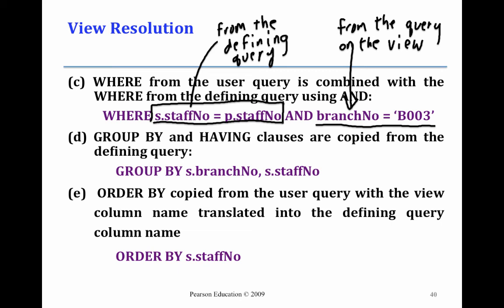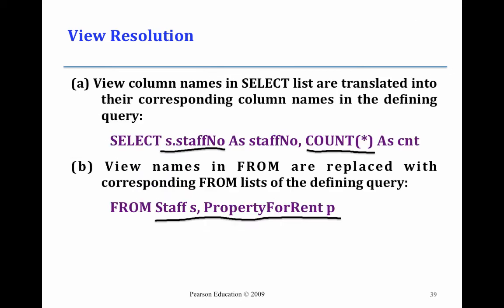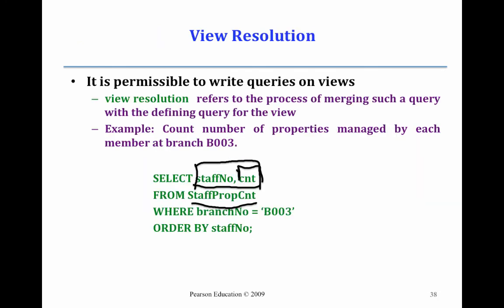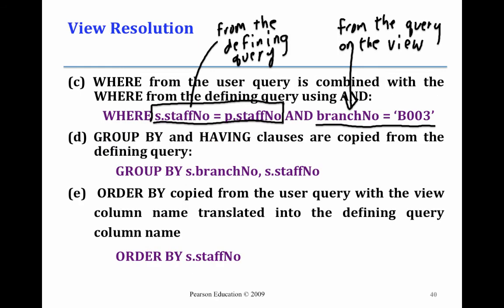Okay, and again, here you can see that I ordered by staff number, and again we have to translate this staff number, which is in the view, back to the matching attribute in the defining query, which was s.staffNumber.